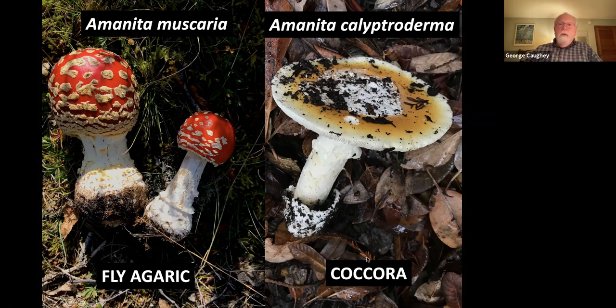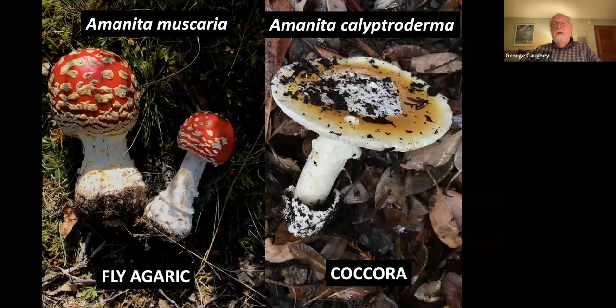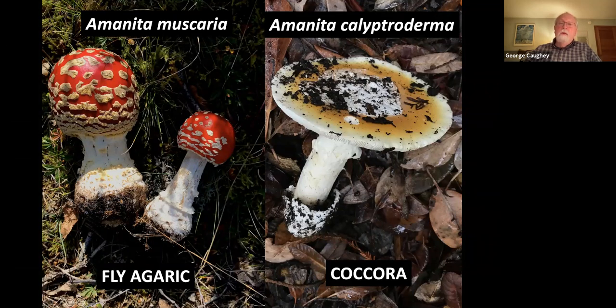And this Amanita calyptoderma, also known as cockera, which means cocoon in Italy, is our closest equivalent to Caesar's mushroom, which is such a popular edible in Italy, which is why many people of Italian descent who moved to the Bay Area really like this mushroom. It's an edible Amanita, but with great caution. A number of people have died thinking that the mushroom they picked is this mushroom, whereas it's really the death cap.